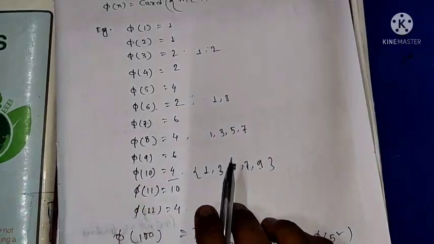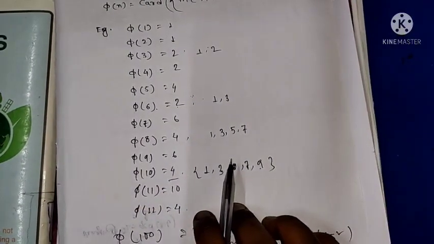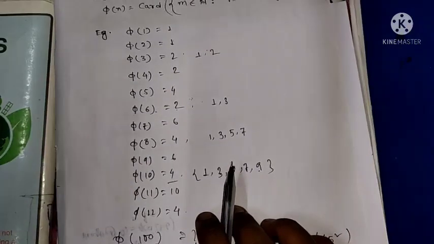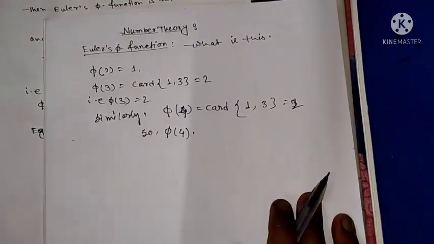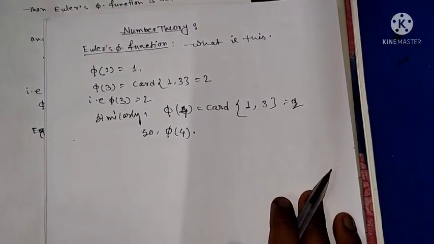Okay, here numbers means in this section we will discuss natural numbers. Okay, with the help of Euler phi function we can find any value.